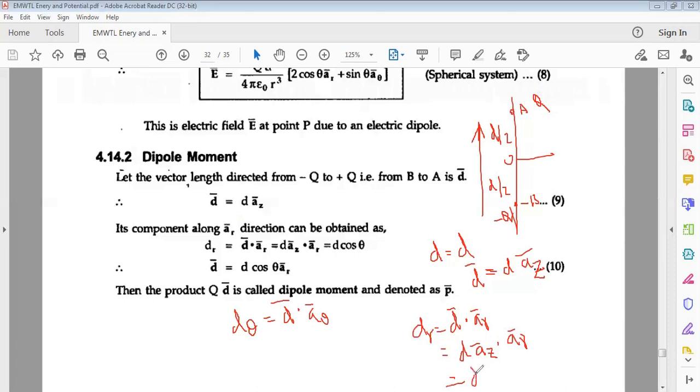That is equal to d into, according to the vector transformation, a_z bar dot a_r bar, which is cos theta.